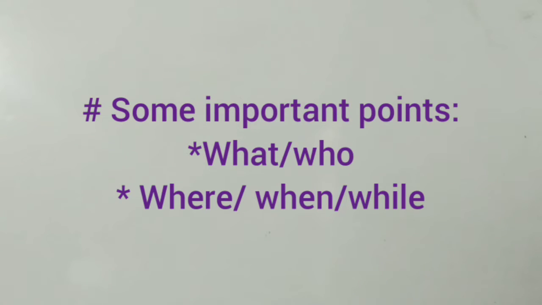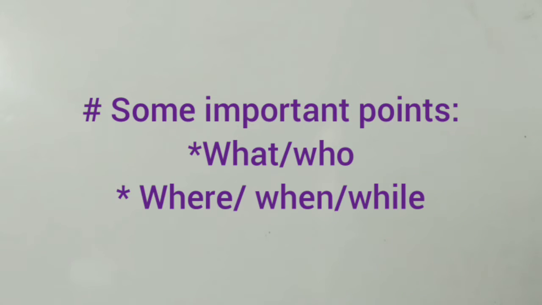At first, you have to identify the topic, whether it is written about any personality or any topic. You have to identify, and then you have to collect the information of any places. If you find any name of any places or any country, then you have to identify those informations. And then when or while, that means you have to identify the time.